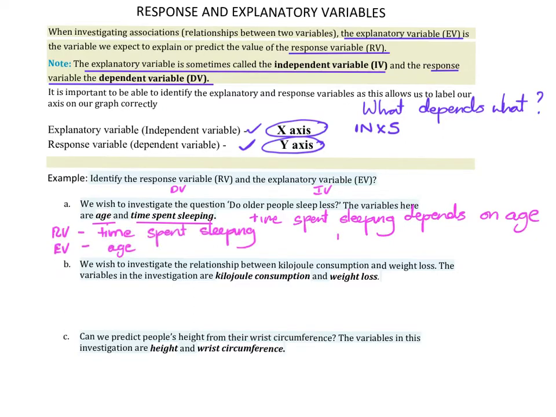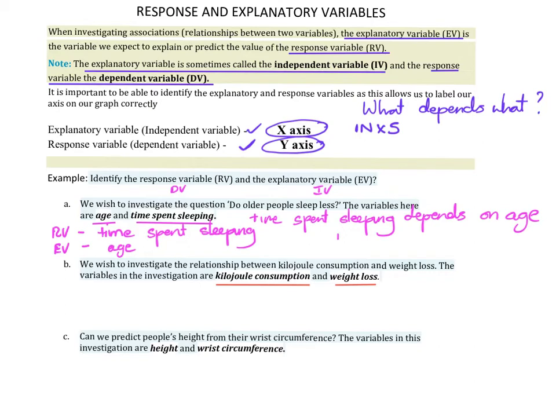In the next scenario, we're investigating the relationship between kilojoule consumption and weight loss. So the variables here are kilojoule consumption and weight loss. So again, we ask ourselves, what depends on what? Does kilojoule consumption depend on weight loss, or does the weight loss depend on kilojoule consumption?